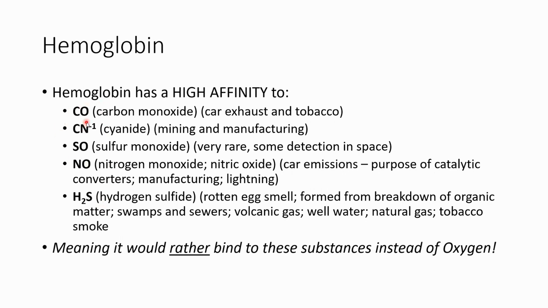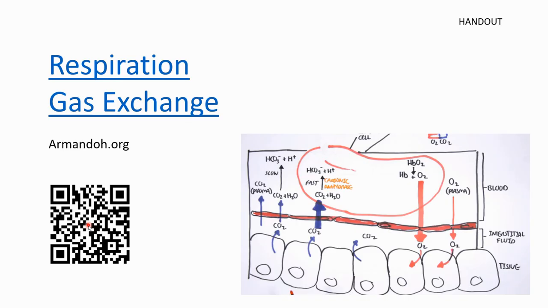So hemoglobin would rather bind to carbon monoxide, cyanide, sulfur monoxide, nitrogen monoxide, also known as nitric acid, and hydrogen sulfide. So we'd rather bind to these instead of oxygen. If those are available, hemoglobin's going to bind to that, not bind to oxygen, which means your body is not getting the oxygen that it needs.